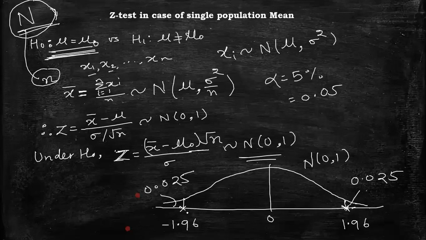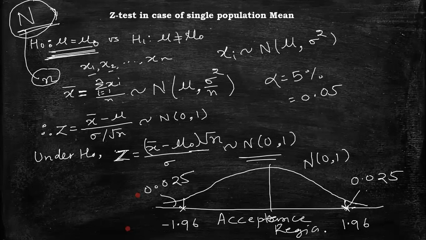If the calculated value lies from minus 1.96 to plus 1.96, then we are going to support H naught. So this is the acceptance region. The remaining part is called the critical region. If our Z calculated value is less than minus 1.96 or greater than plus 1.96, then we are not going to support H naught.